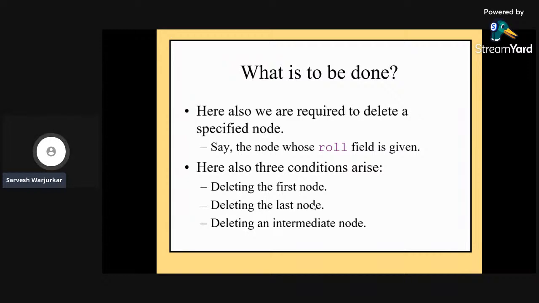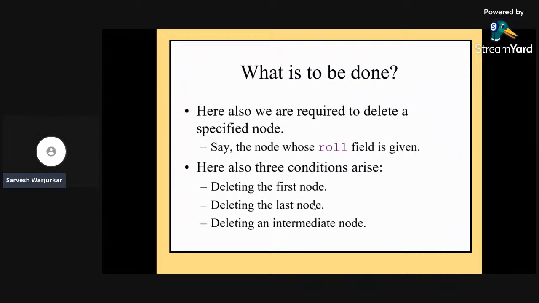Whatever node is present in between the first node and the last node, from the start and the end, is called an intermediate node.